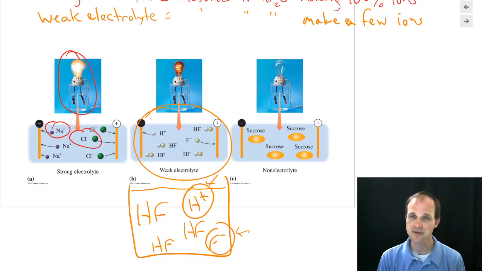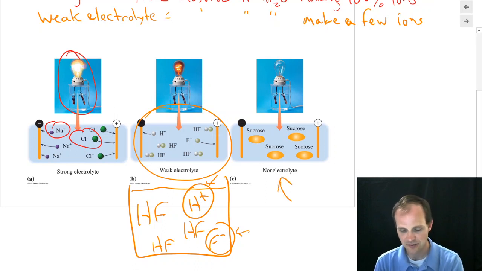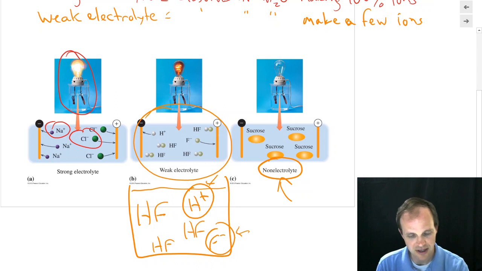And again, mostly these are acids, so most of our weak acids, we'll see that in the next chapter. Now, what happens to things like sugar? It dissolves in water, and I said, hey, no ions when you've got sugar. So what happens there? There you have what's called a non-electrolyte.